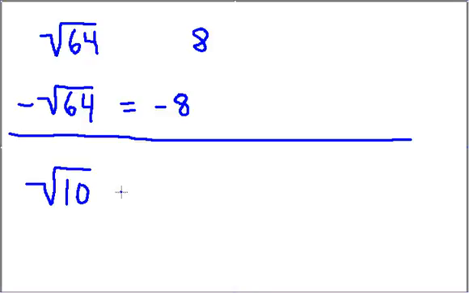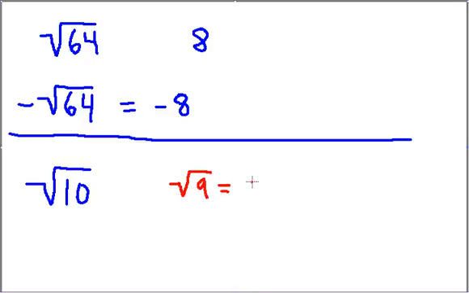So offhand, you know a couple things. First of all, the square root of 10 does not have an even answer to it. But you also know, by doing the method that we just did, which two whole numbers, which two integers is the answer to the square root of 10 going to be between? Well, we know that the square root of 9 is 3.